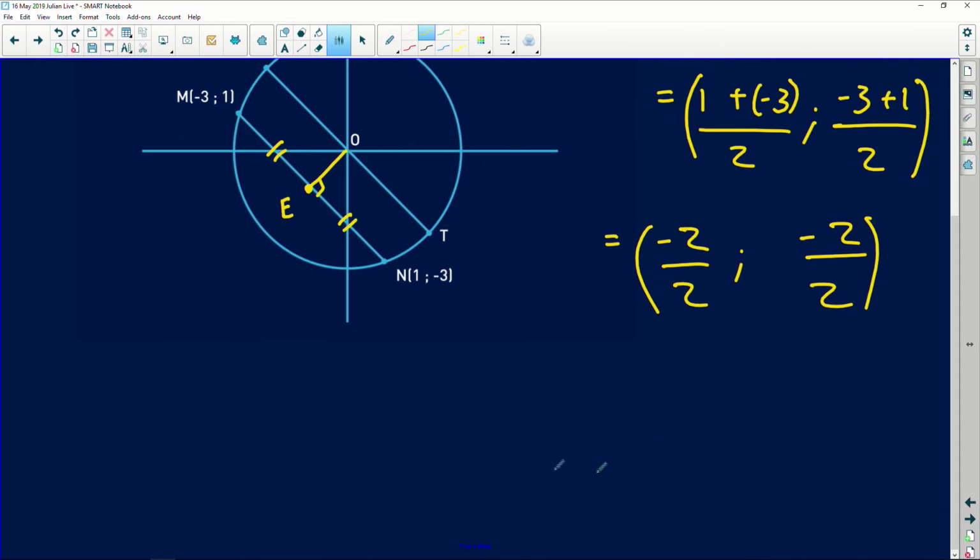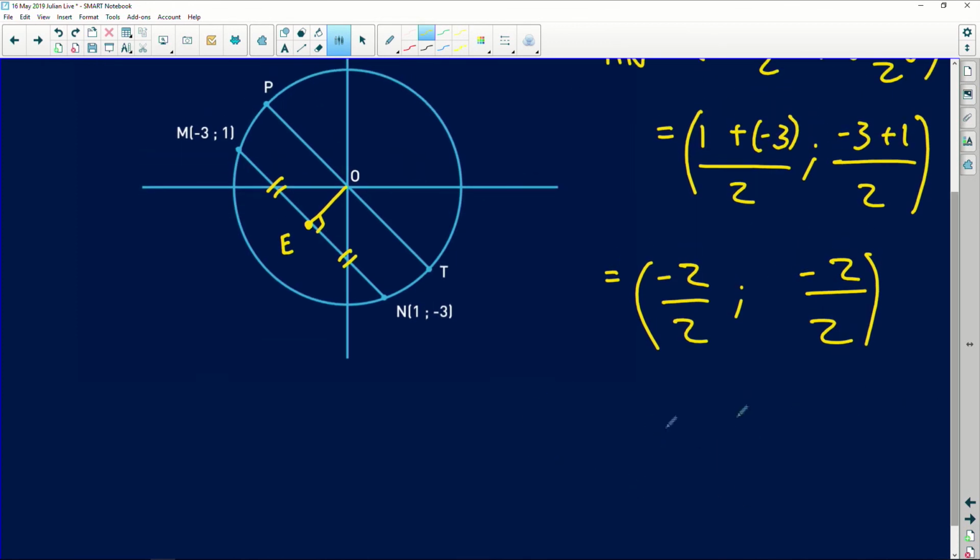So if we simplify this, this is going to be my coordinate for E, which is then going to be -2 divided by 2, which is -1, and -2 divided by 2 again is going to give me -1. And if we have a look at our diagram, guys, does this answer make sense? Well, yes, of course. We are in a quadrant where my x is negative, and we're in a quadrant where my y is negative. So we can then say, well, that is going to be -1 and -1.